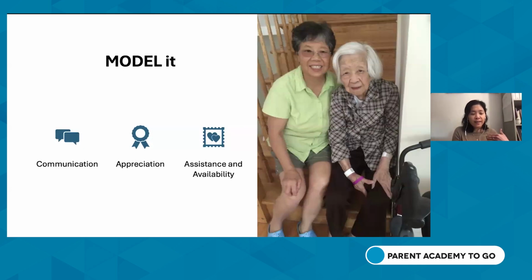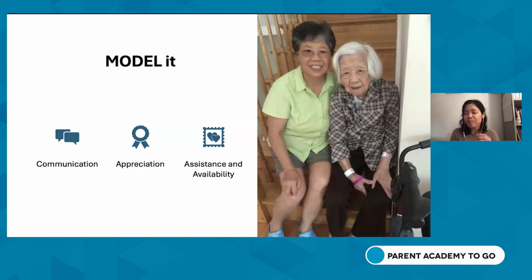So, I may be cooking dinner and I may be busy, but if you see grandma sitting in the corner, not knowing what to do, not knowing how to interact, just stopping and saying, hey, do you need anything? Can I get you anything? All of that is modeling behavior for your child.